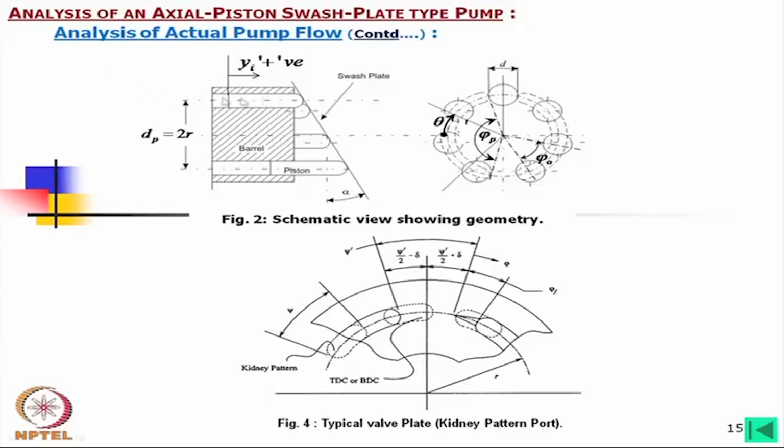That means this could be made a through hole, but you will find normally this cylindrical hole goes almost up to the end, but the end is not the cylindrical hole. Instead of that, there will be a small kidney port. This is the kidney pattern, usually it will be of this shape.